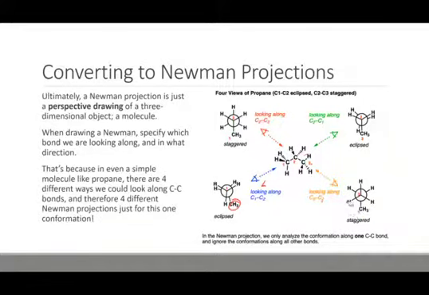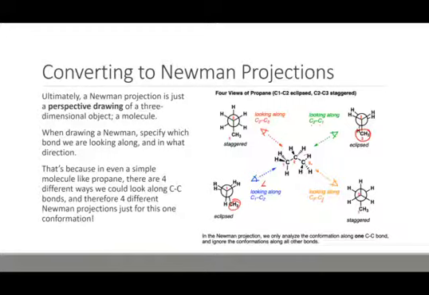Similarly, we can look down the carbon 2, 1 bond. So that's going from here to here, looking down this way. In this case, because our front is our C2 group, notice that the methyl group is drawn on the front position of the Newman projection.